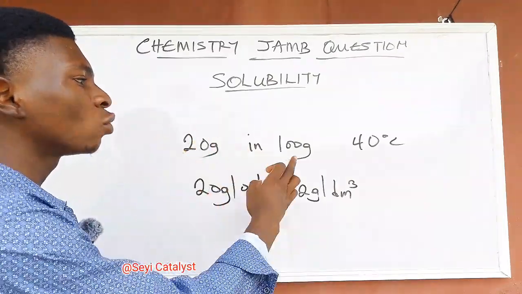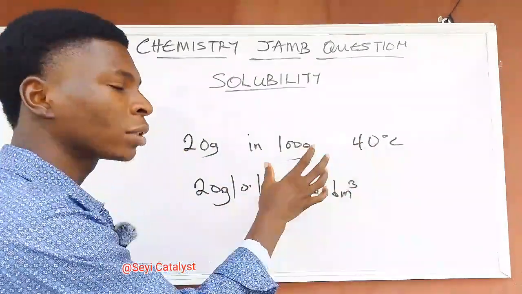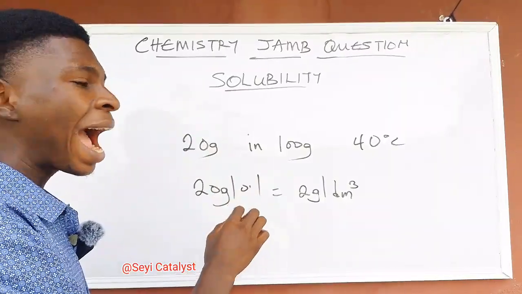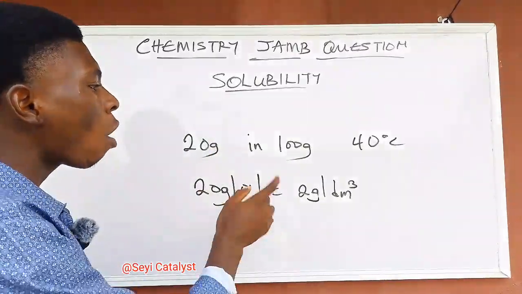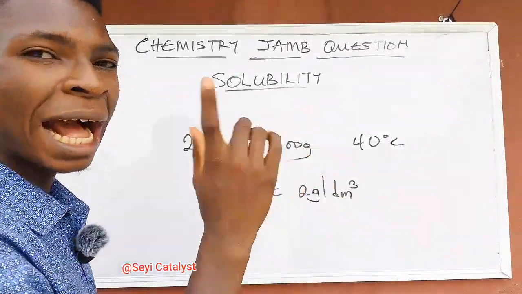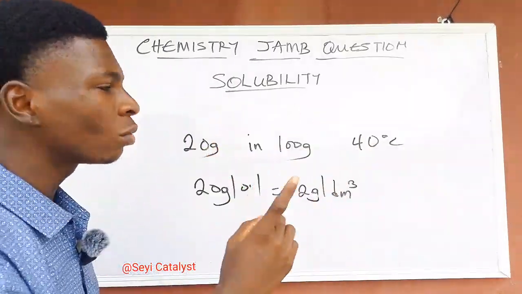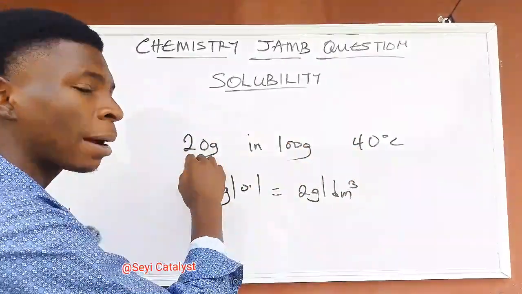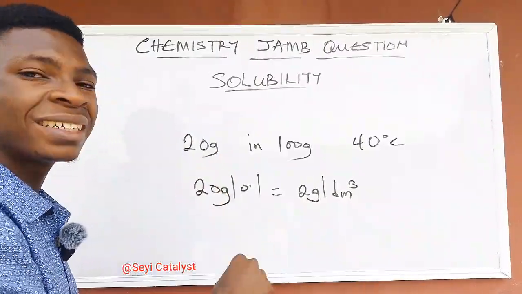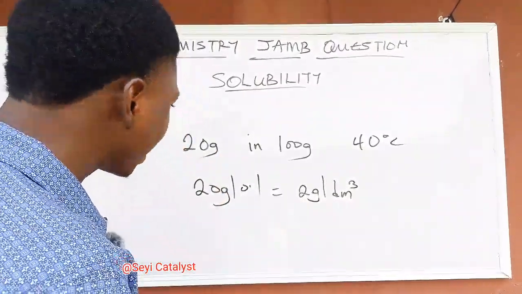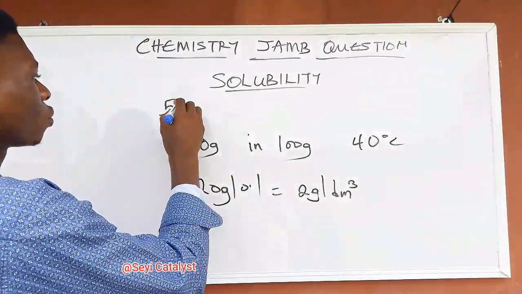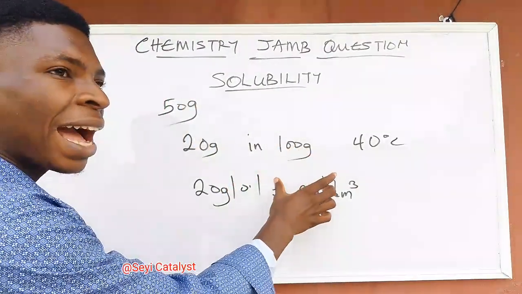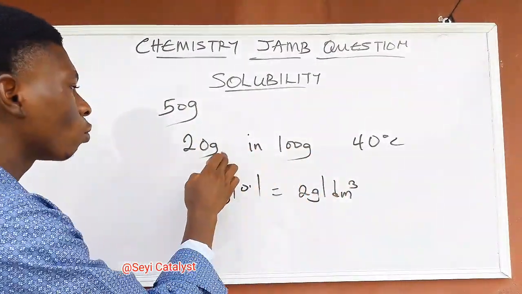That means that if this water at this temperature can dissolve only 20 gram of salt, and I now pour 50 gram of salt, the capacity of this water at this temperature can dissolve only 20 gram.